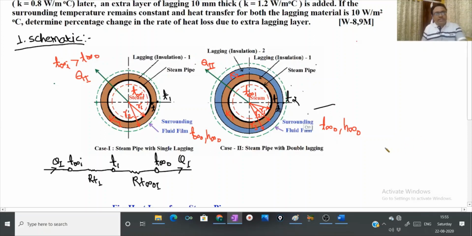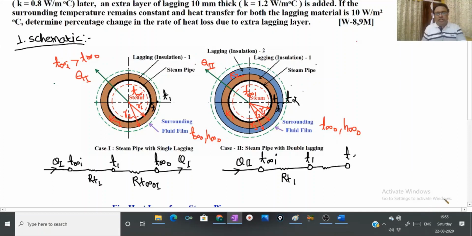In the second case, the flow quantity will be Q2. The first thermal resistance will be offered between temperatures T infinity I and T1, and it will be RT1. The second thermal resistance will be offered between temperature T1 and T2. It will be RT2.